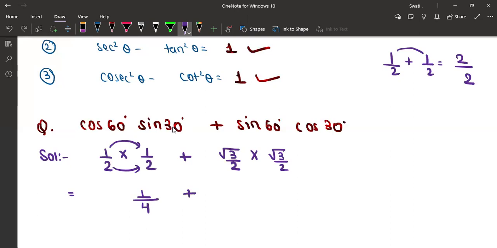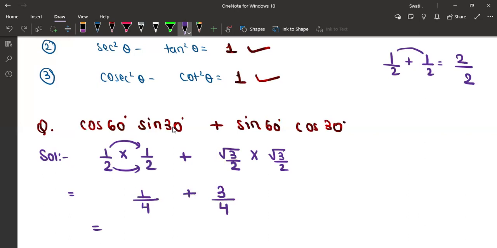Numerator will be 3, sorry, 3. Okay. Correct. Root 3 into root 3, which is root 3 square, which is of course 3, because square and root will get cancelled. Upon what? 4. Now, can you not simplify this and tell me the answer?